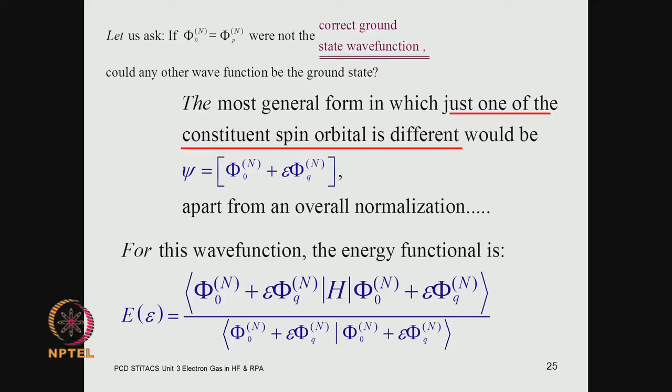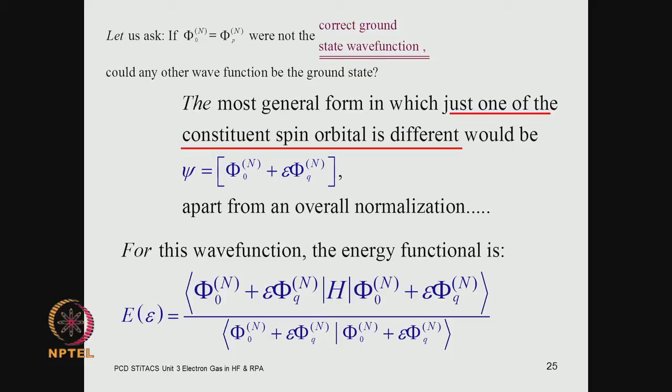So, if the determinant wave function is now a superposition of phi p and phi q, or phi 0 and phi q, and this superposition is what I have written as phi 0 plus epsilon phi q. Okay.